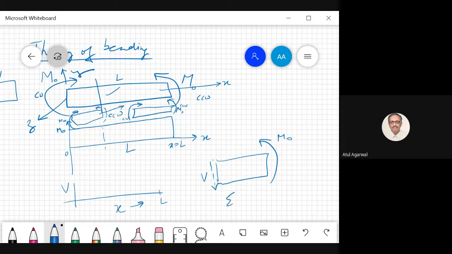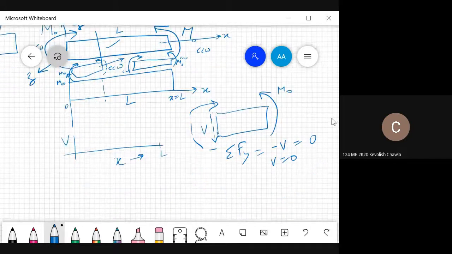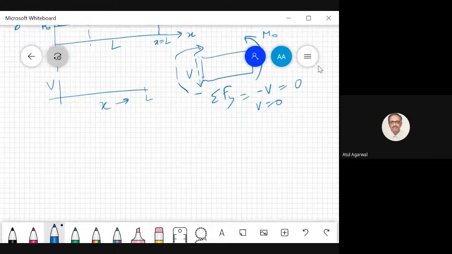So sigma Fy is equal to minus V is equal to 0 for equilibrium. So V is equal to 0. Only the internal forces generate a moment, which has to counter this counterclockwise moment, as explained earlier. Any questions, Kavalish? No, sir. Okay, so this much is all right.